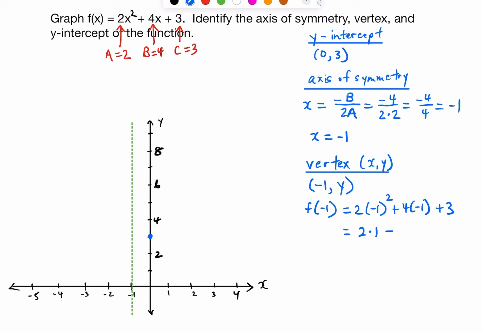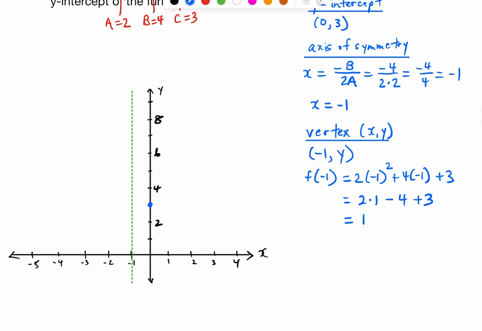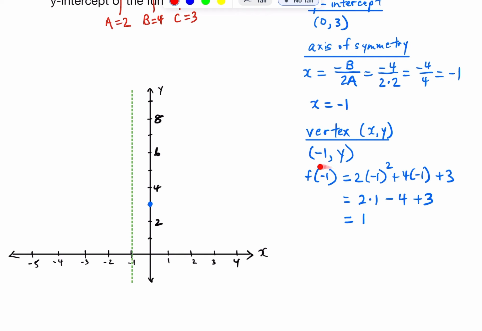And this is going to be minus 4 because 4 times negative 1 is negative 4, and then we're going to add 3. And then if we continue to simplify this, 2 minus 4 plus 3 gives us 1. So now we solve for my f of negative 1, which is really my y.